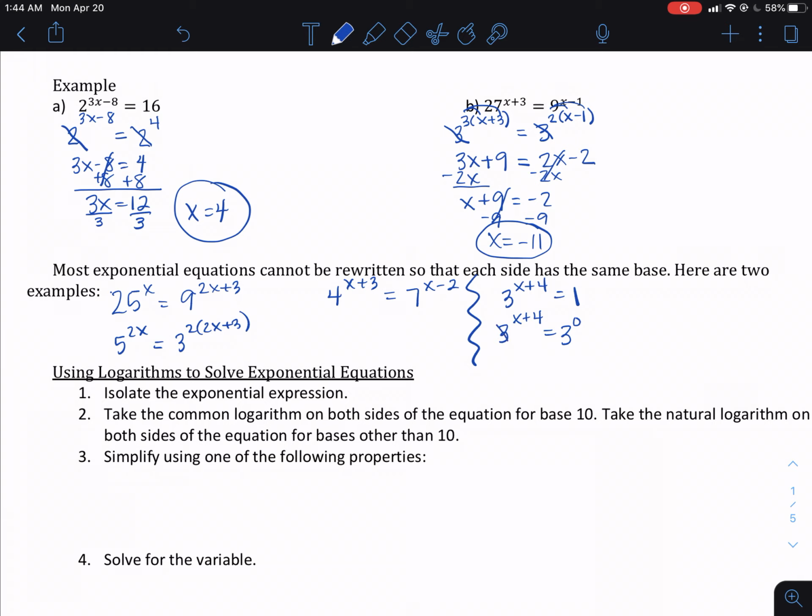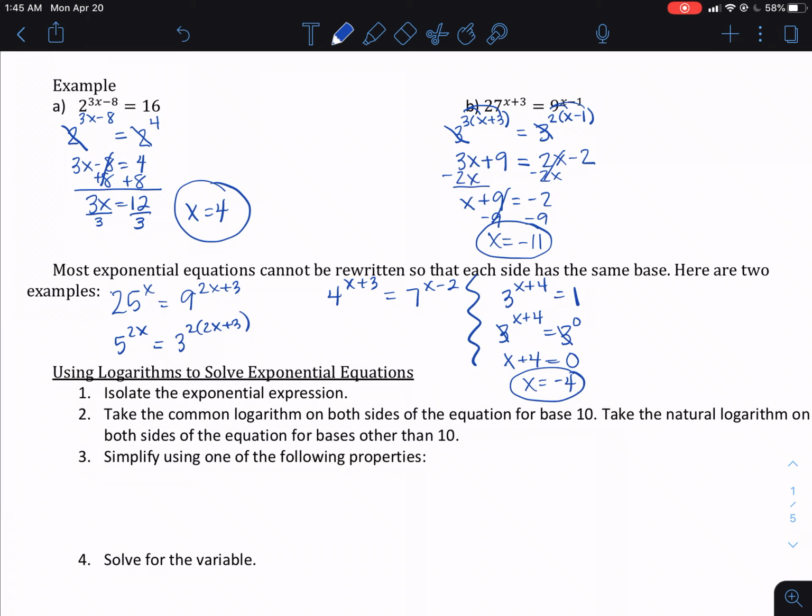So now our bases are the same, so those can cancel. We're left with x plus 4 equals 0, so x equals negative 4. That is one thing to be careful about: anytime it equals 1, you can just set your exponent equal to 0.